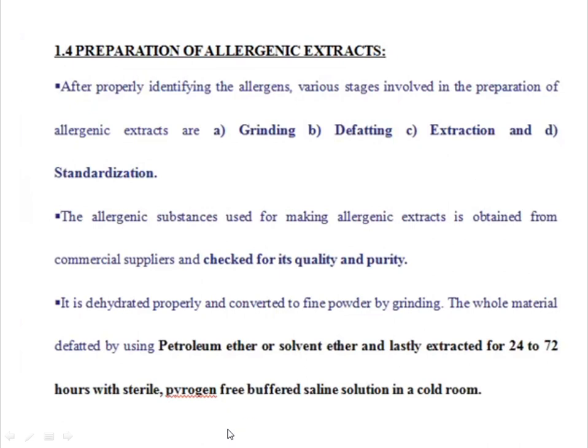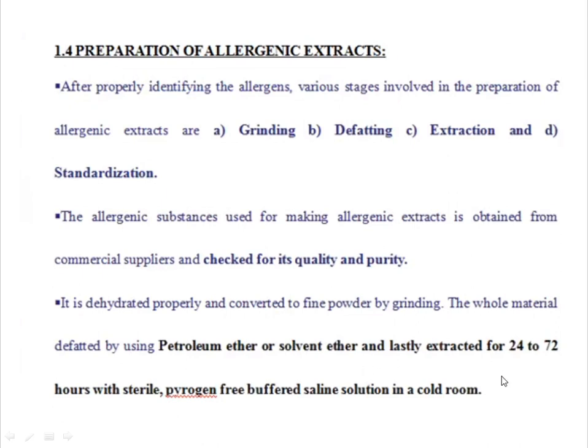It is extracted by using a pyrogen-free buffered saline solution, and this whole process should be done in a cold room.